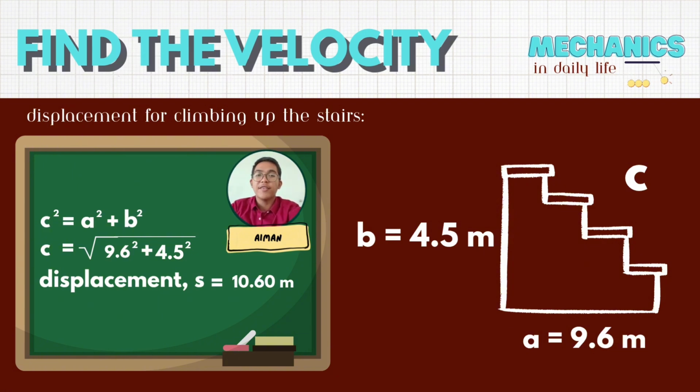So, the length for the stair is 9.6 meters, which comes from 0.32 meters, the length of one stair, times 30 stairs, and the height is 4.5, which comes from 0.15 meters per stair times 30 stairs. After that, we plug into the formula and we get 10.6 meters for the displacement.